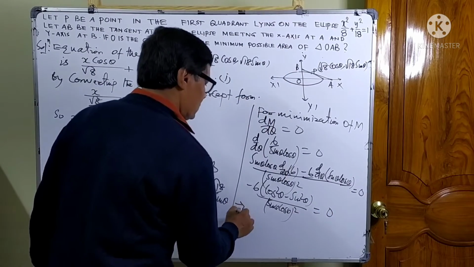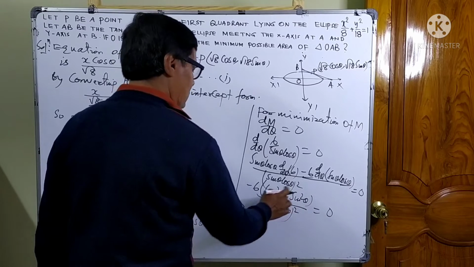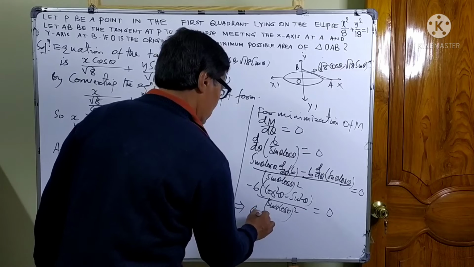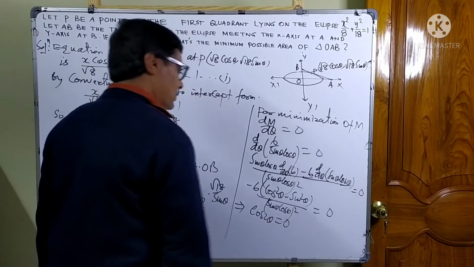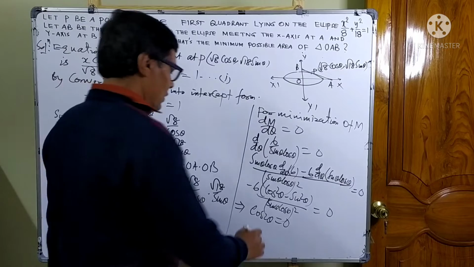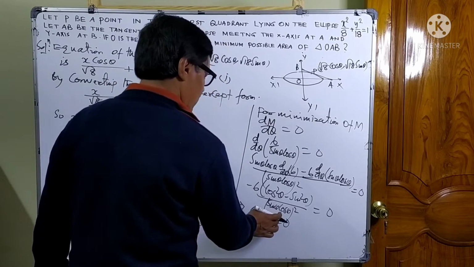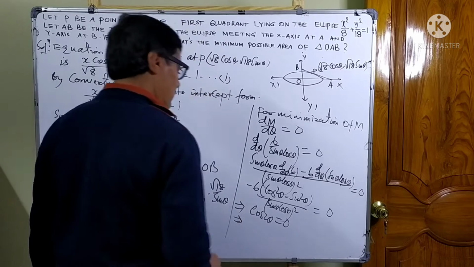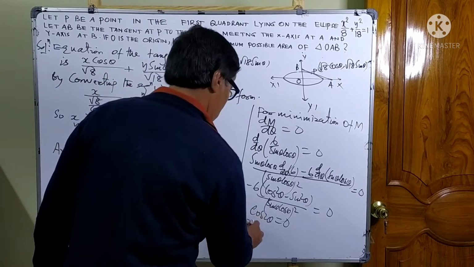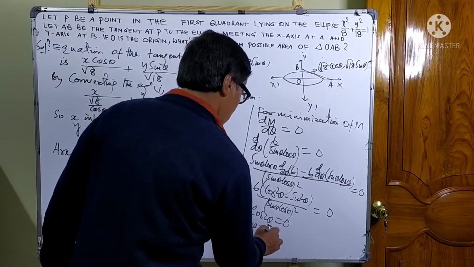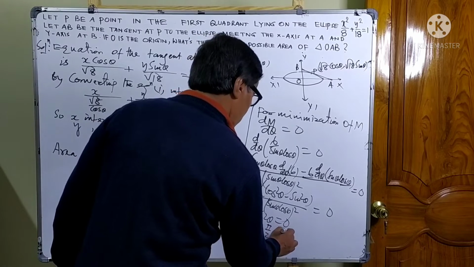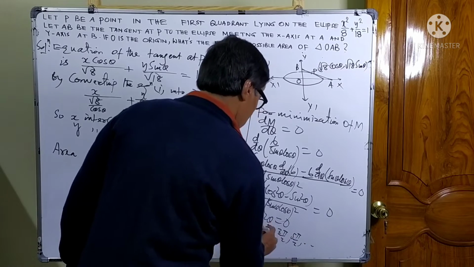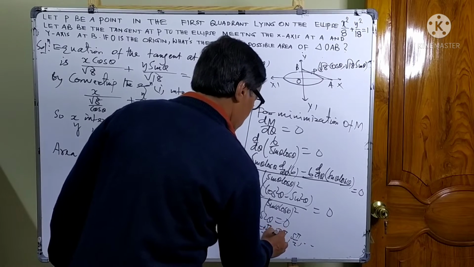So this is the formula for cos 2 theta. So we can write this as cos 2 theta equal to 0. For the solution of this trigonometric equation, we get 2 theta equal to pi over 2, 3 pi over 2, 5 pi over 2, etc., also plus minus.